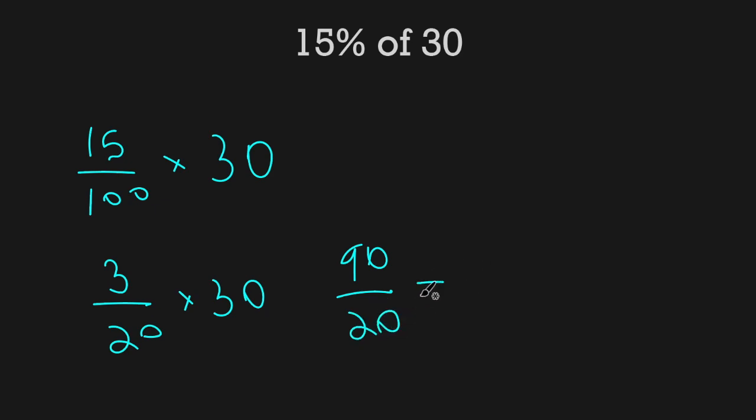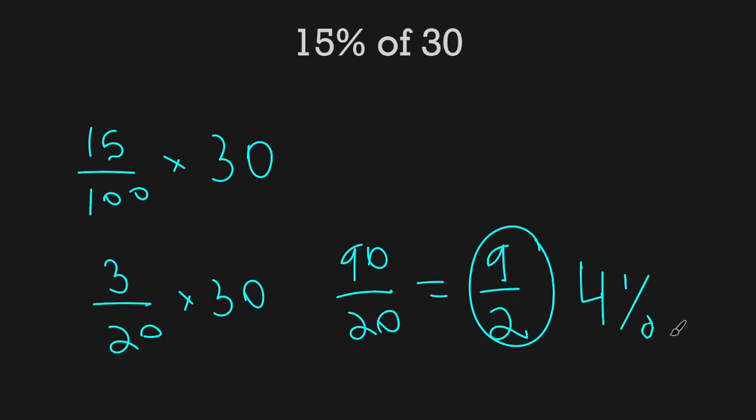And if we simplify that, it's 9 over 2. So the 15% of 30 is 9 over 2. If we write that as a mixed number, it would be 4 and 1/2, or 4.5. That's one way to solve it.